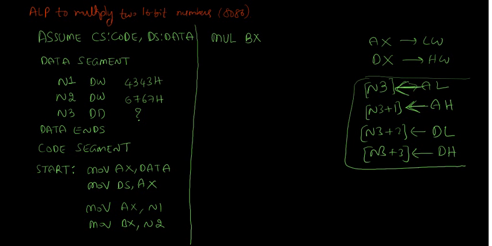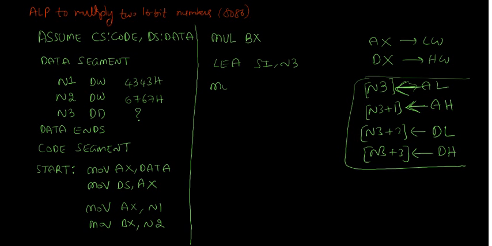Here actually, instead of n3 we have to use the address of this n3. You cannot use n3 directly. For that you need to know the value of this particular n3. For that you can use load effective address of n3 into source index.